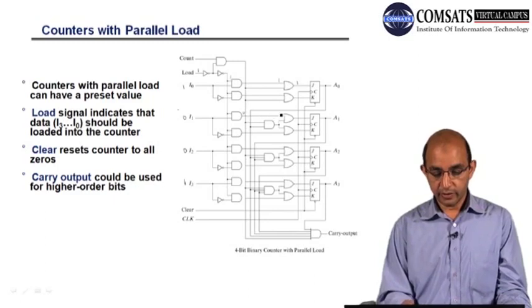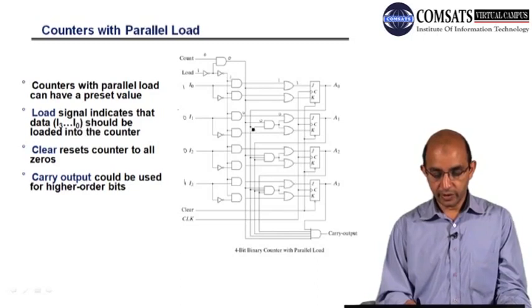Count is 0. Now we don't want to count, we only want to load the data. So as a result of this 0, this is 0. This is from A0.